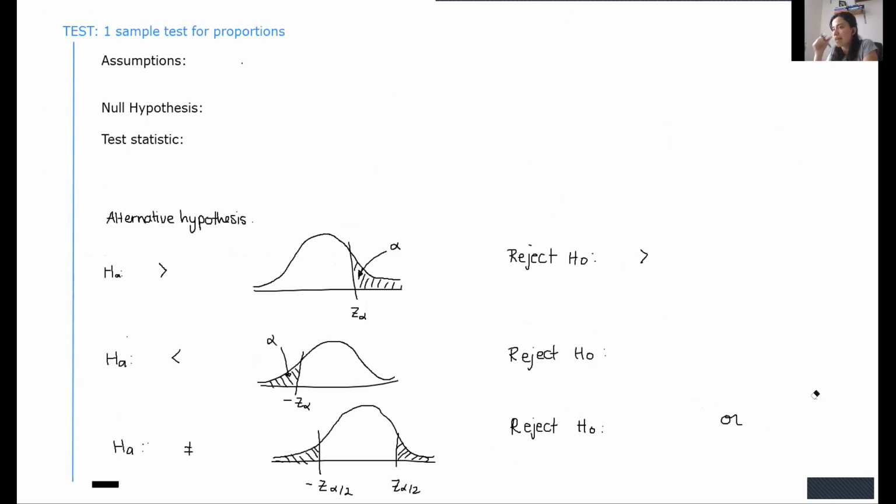So the next test is more interesting because it allows us to compare two different samples. The reason that I've been talking about one sample tests is that sometimes we can have tests that work for 2 samples or for more samples, but we're going to talk about 2 samples today. So 2 sample test for means. That means we're going to test for differences between 2 samples.